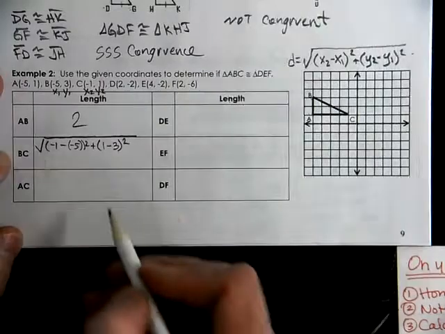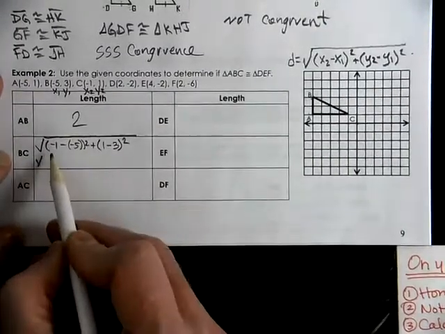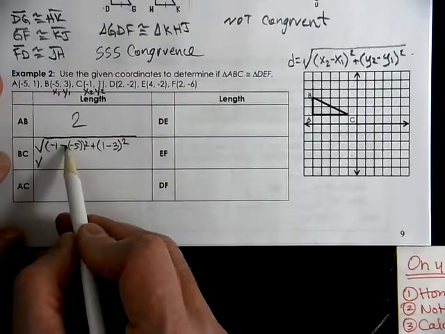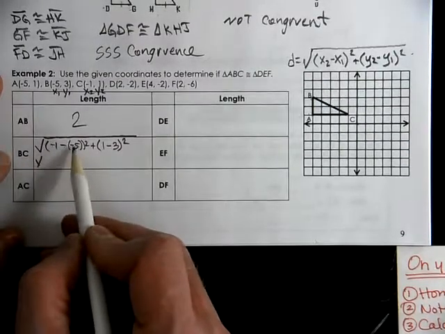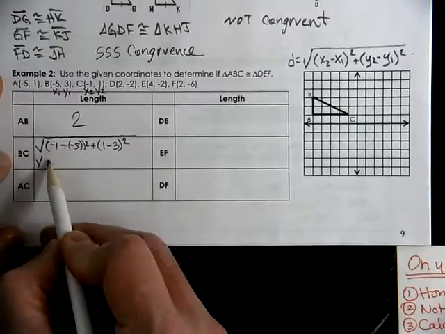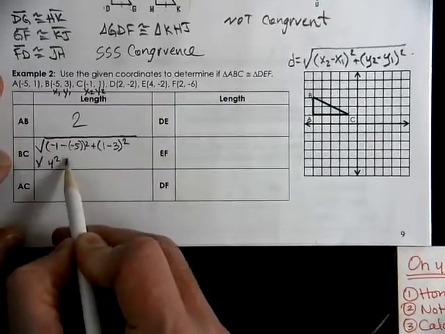We're taking the square root of that. -1 minus -5. That's really -1 plus 5. So that's going to be 5 and a -1, which is 4. So here we have 4 squared.